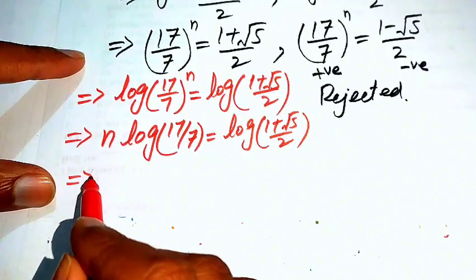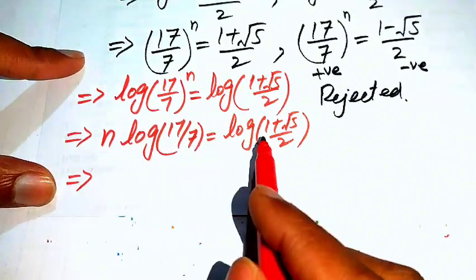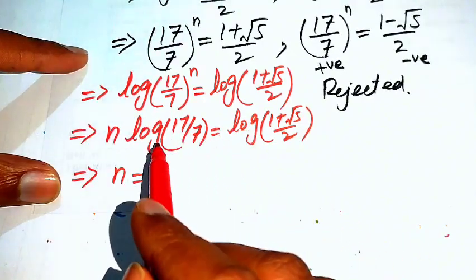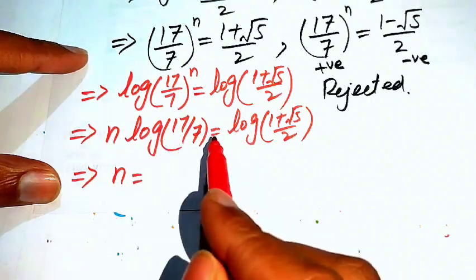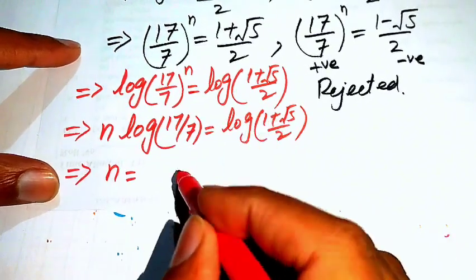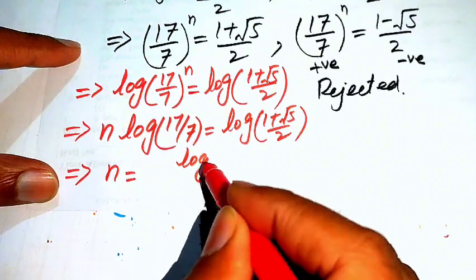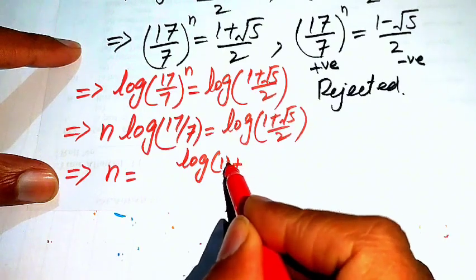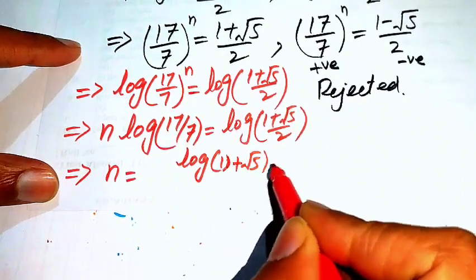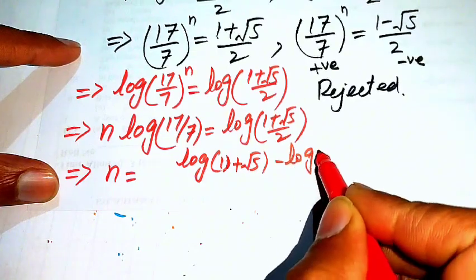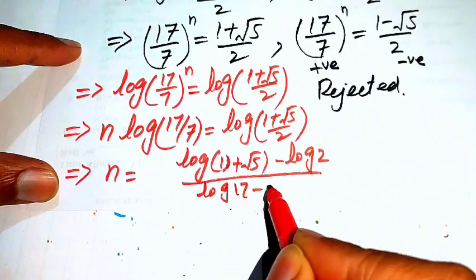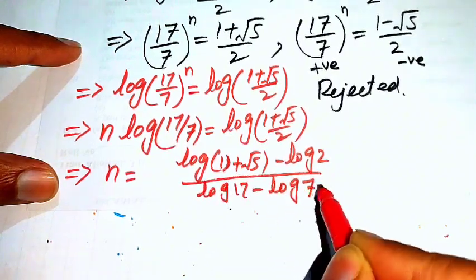And now we use the division property on both of these logs, and this will be written as n equals log of 1 plus square root of 5 minus log of 2 divided by log of 17 minus log of 7.